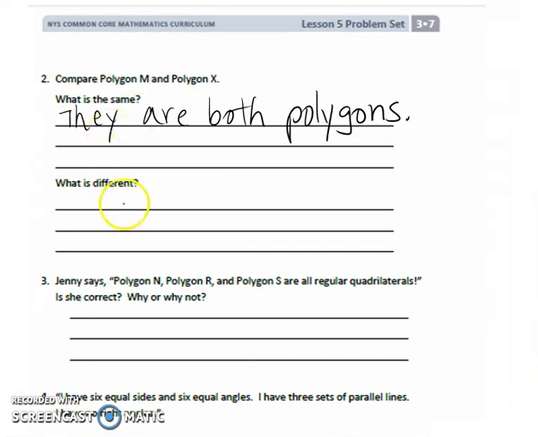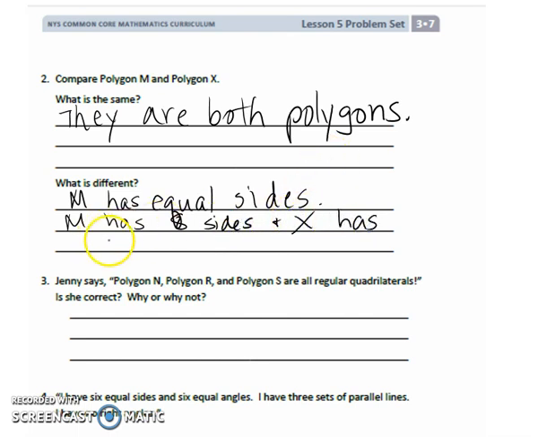What is different? Well, M has equal sides. That's why it's a regular polygon. Another thing is that M has 8 sides and X has 9 sides.